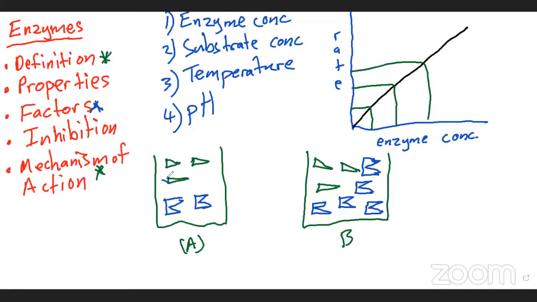That means when these 2 substrates bind to these 2 enzymes, this one will actually have to wait until one of these reactions has been completed for it to be converted into product. All right, so for that reason, when you increase concentration, the rate of reaction is going to increase.